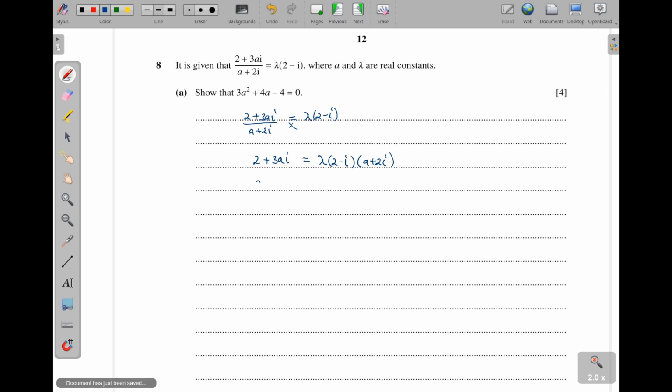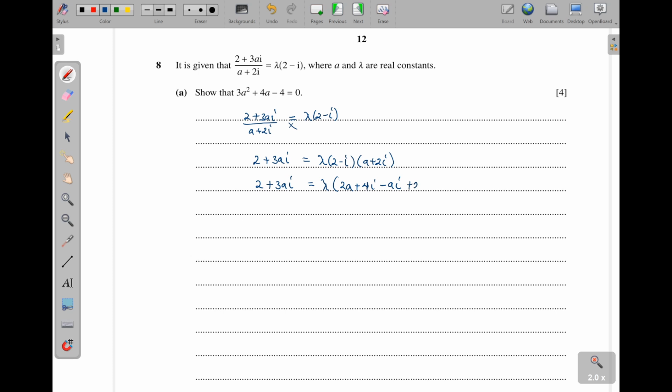Now when we open up the brackets, this is 2 plus 3a of i. I can first leave maybe the lambda, so 2 times a, that one will give us 2a, then 2 times this one will give us 4i, then negative i times a, that is minus ai, then negative i times 2i, that one will give us minus 2i squared. But we know that i squared is negative 1, so that will make it a positive 2.